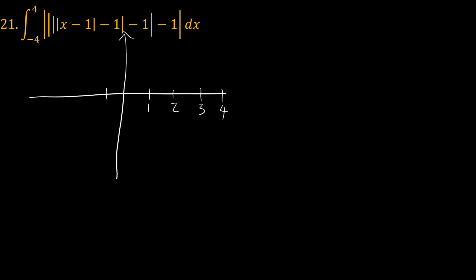The important thing for this is for me to plot this out. I know it's a linear function, but let's plot this out. So we have 1, 2, 3, 4, -1, -2, -3, -4.